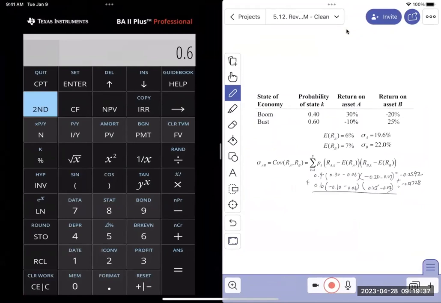And then 0.6 times bracket 0.1 negative minus 0.06 close bracket times 0.25 minus 0.07 equals, store 2. So recall 1 plus recall 2 is my answer.